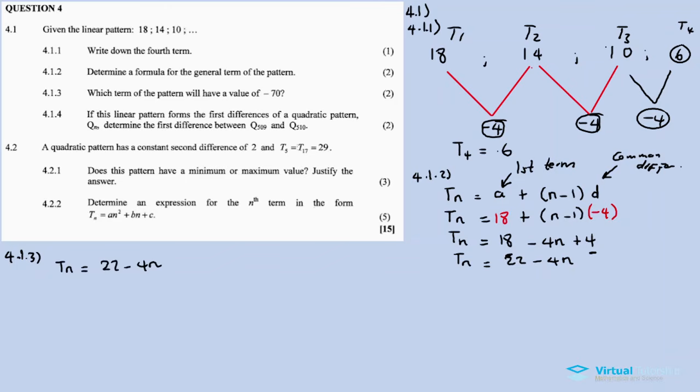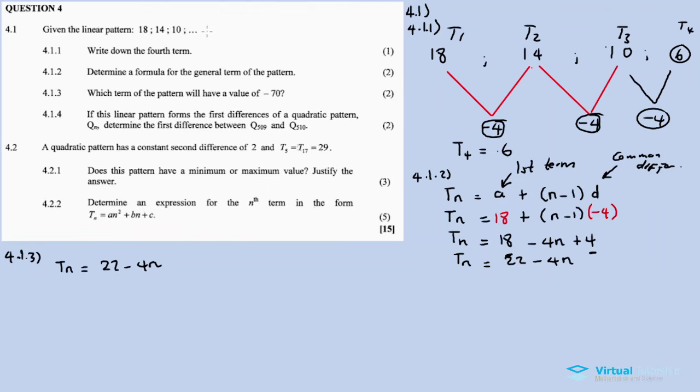4.1.3. Which term of the pattern will have a value of minus 70? Again, this is the nth term of our linear pattern. So now Tn is equal to 22 minus 4n. We want to know which term in the pattern has a value of minus 70.